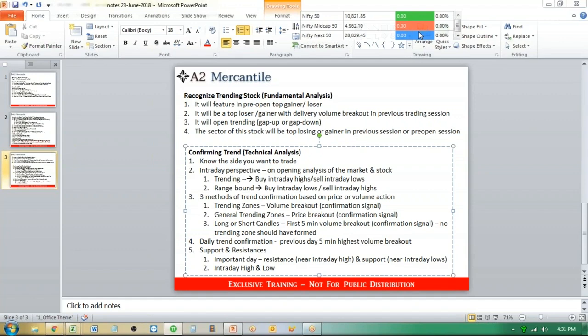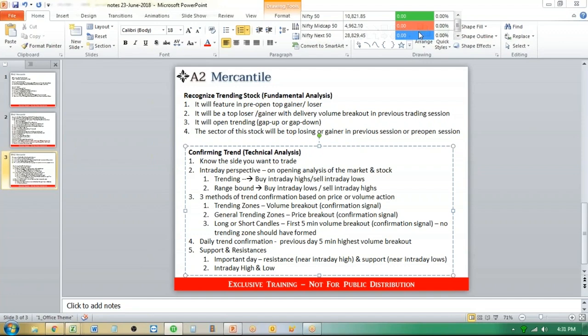Either the price will leave the box on the upside, where the entire candle goes and closes outside above the box, or it can even go and close below the box. In case it goes below the box and from there returns back inside the box, that is also bullish.